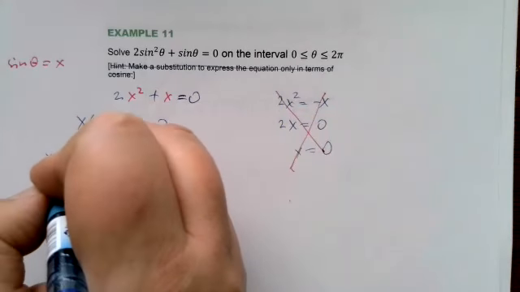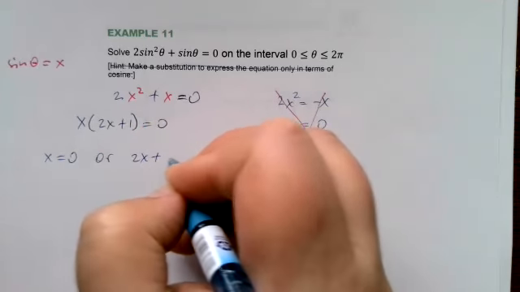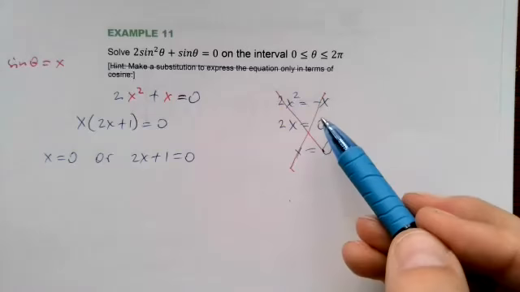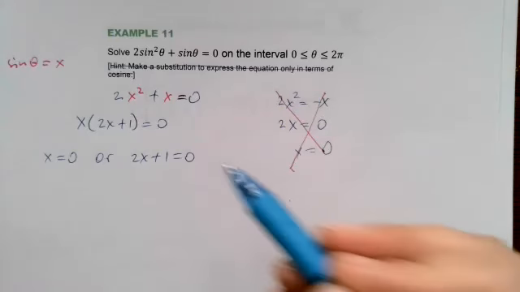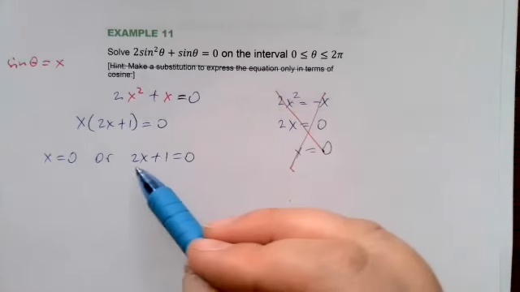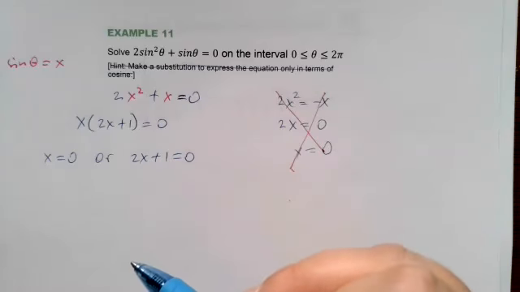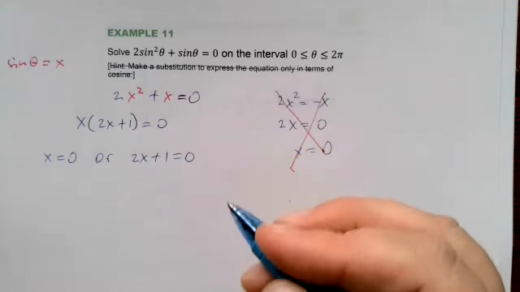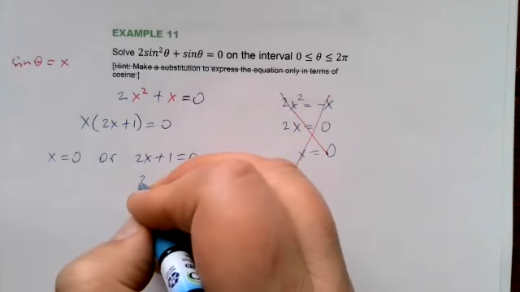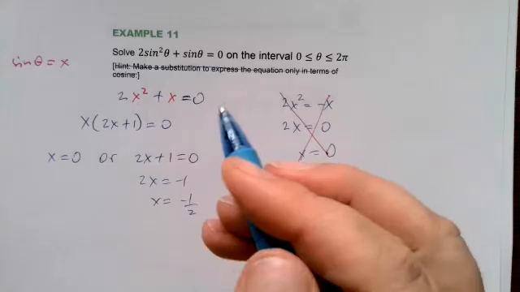One equation, x equals 0, or 2x plus 1 equals 0, which if you were dividing, you would totally lose this solution. You got x equals 0, but you totally lost the second solution. So it's just a warning not to get too excited too fast. So this is going to be 2x equals -1, x equals -1/2.